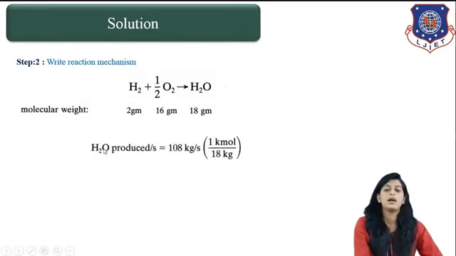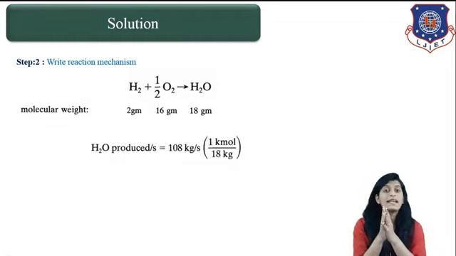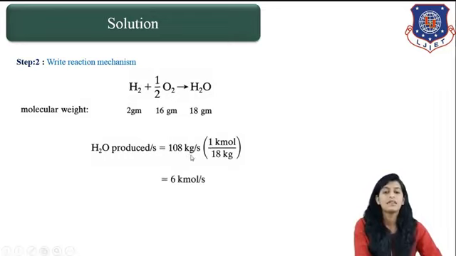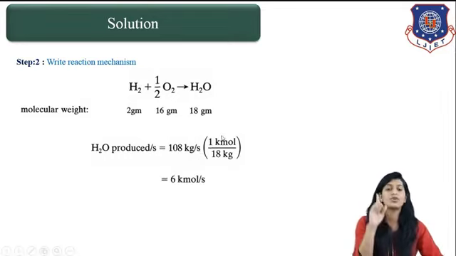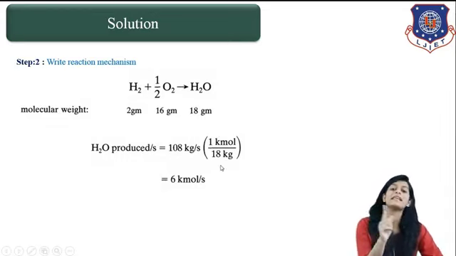Now, in this particular case, we will determine how much H2O is produced. We are provided with a mass flow rate which is 108 kg per second. We will use this to convert it in terms of moles. As you can see, 108 kg per second is multiplied with 1 kilomole, and in 1 kilomole we have 18 kg. Converting it into kilogram, we get 18 kg.